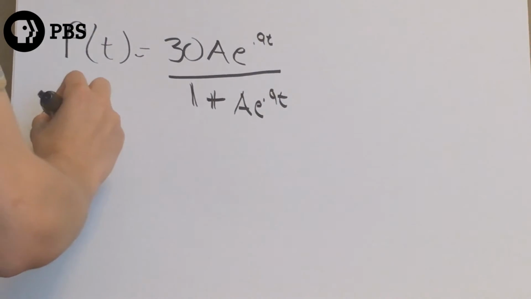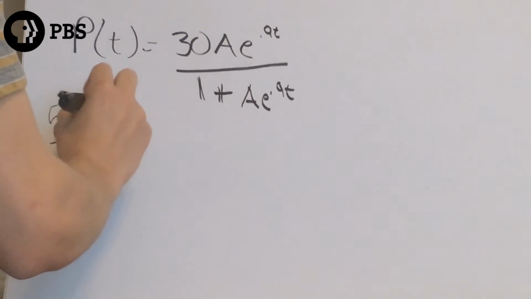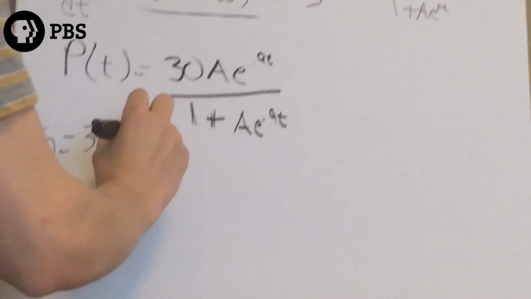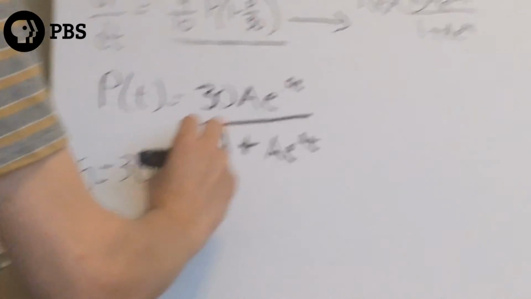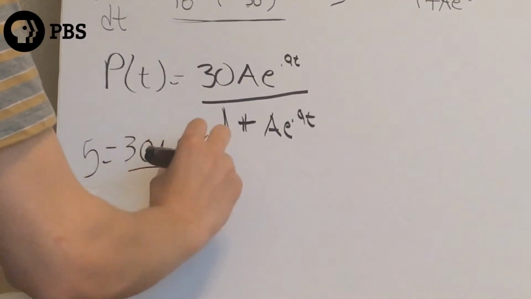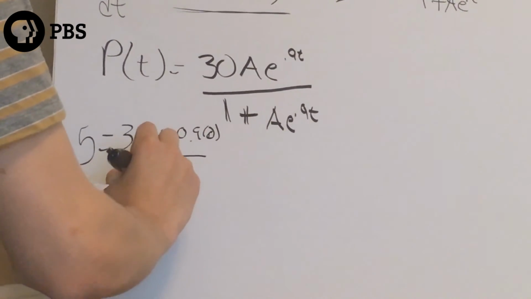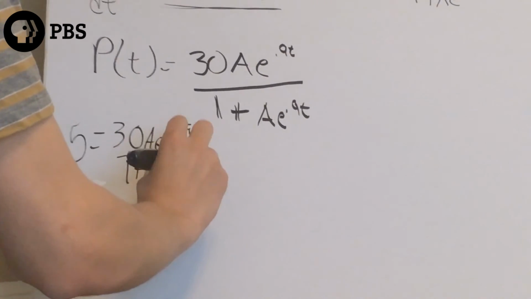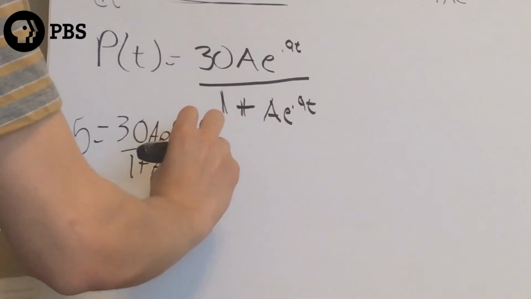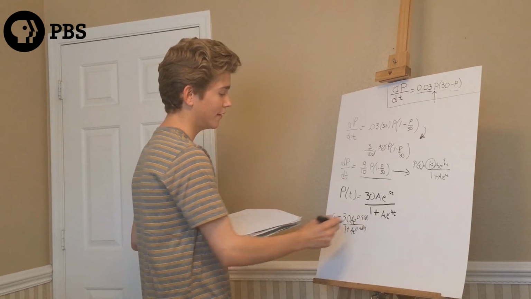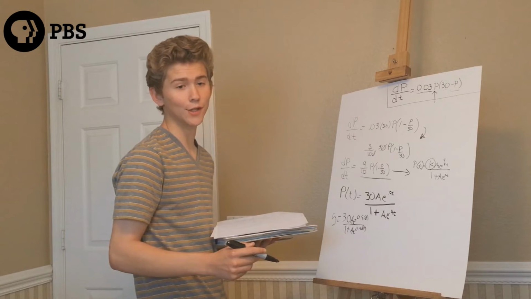5 equals 30 A e to the 0.9 times 0 over 1 plus A e to the 0.9 times 0. Now, we know that any number to the power of 0 is 1.